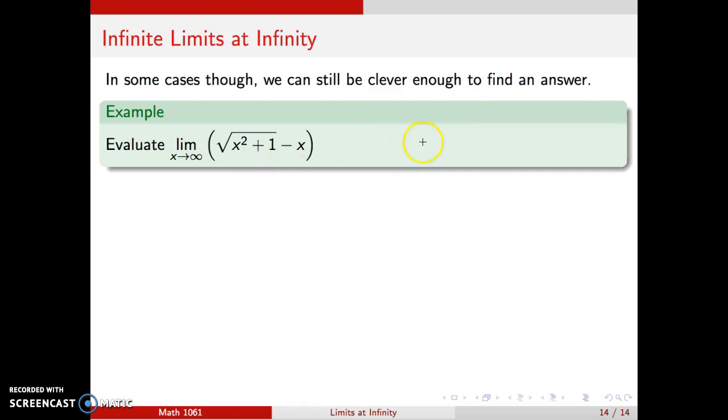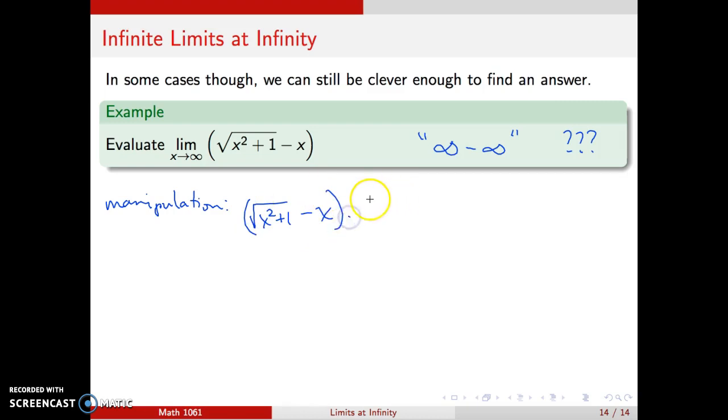If I did direct substitution, this might look like infinity minus infinity, but that doesn't make sense. So what I'm going to do is some manipulation first. I'm going to multiply by square root of x squared plus 1 plus x over square root of x squared plus 1 plus x. In that numerator, I end up with square root of x squared plus 1, squared, so it's x squared plus 1.